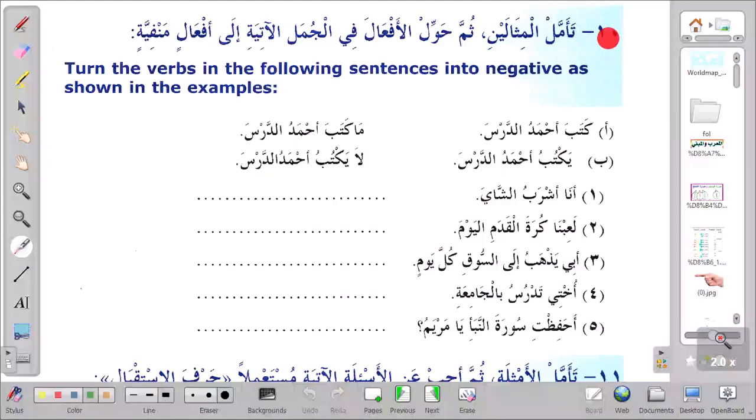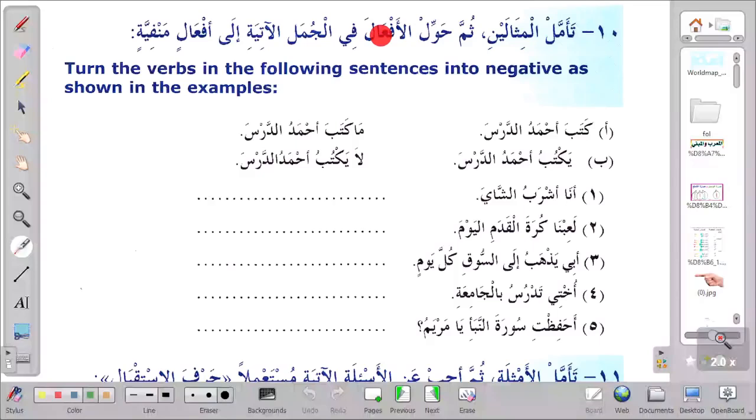So the exercise, as you can see, says: تعمل المثالين، ثم حول الأفعال في الجمل الآتية إلى أفعال منفية. So تعمل المثالين. They have given you 2 examples, as you can see here. They say تعمل. Observe how it is. Well, take note of that. Then ثم حول الأفعال.